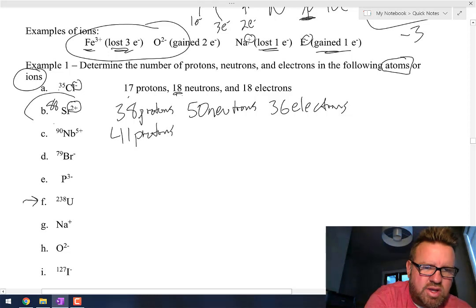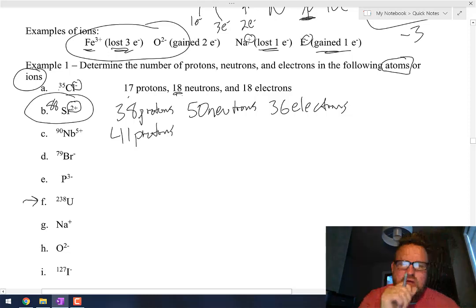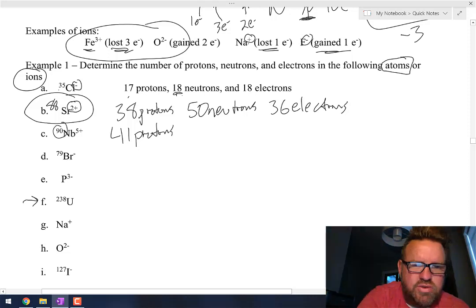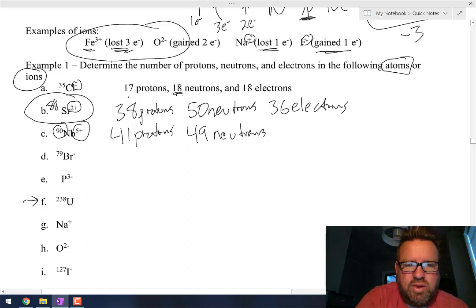Like on strontium here, I didn't give you the mass, so you have to use the mass from the periodic table. But here, remember, if that mass is up in the corner, that's the mass I want you to use. So 90 minus the 41 protons is 49 neutrons, and then with a +5, that means it has lost 5. So instead of 41 electrons when it was equal to the protons, it's 36 electrons.